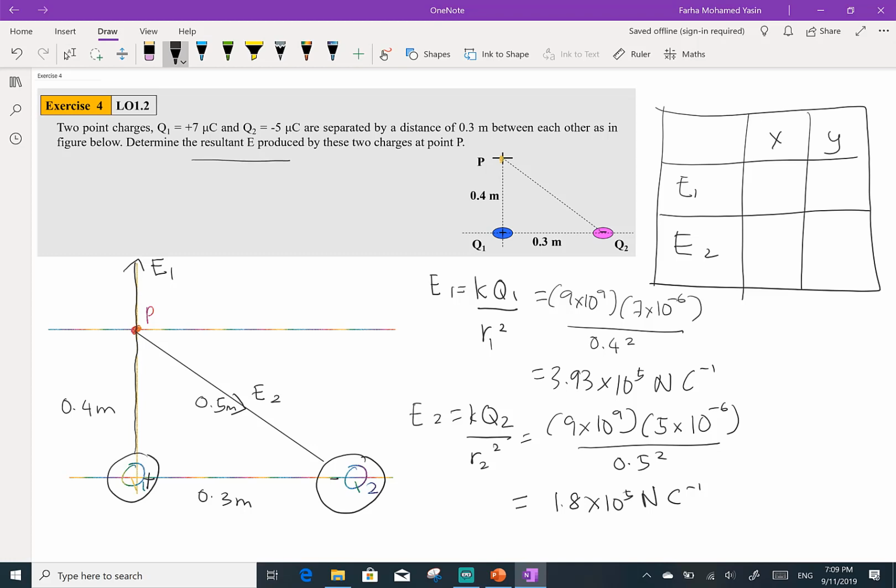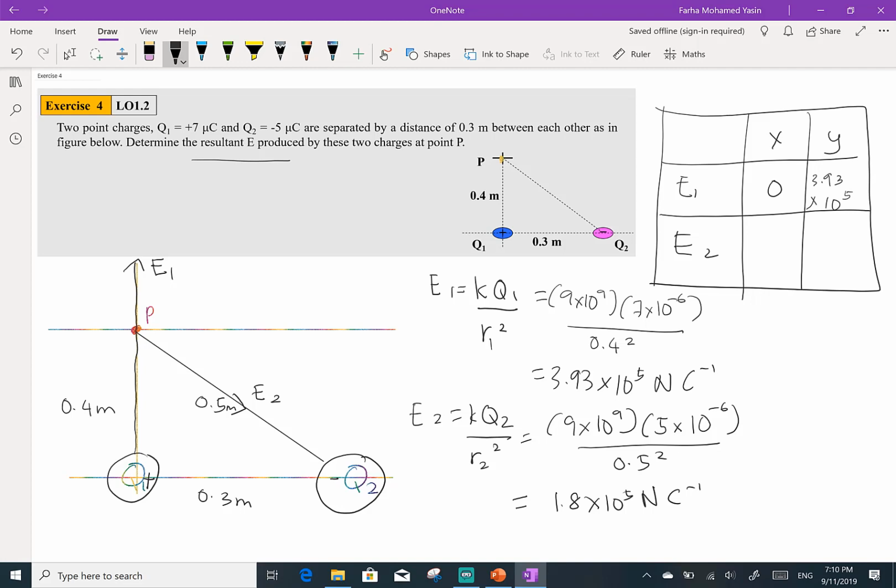To get the resultant E, kita perlu total up E1 dan E2. But before we total up, kita kena tengok sama ada E1 dan E2 ni berada di X atau Y component. E1 dah berada di Y component, so X component is equals to 0, and Y component kita terus ambil nilai tadi, 3.93 power of 5.